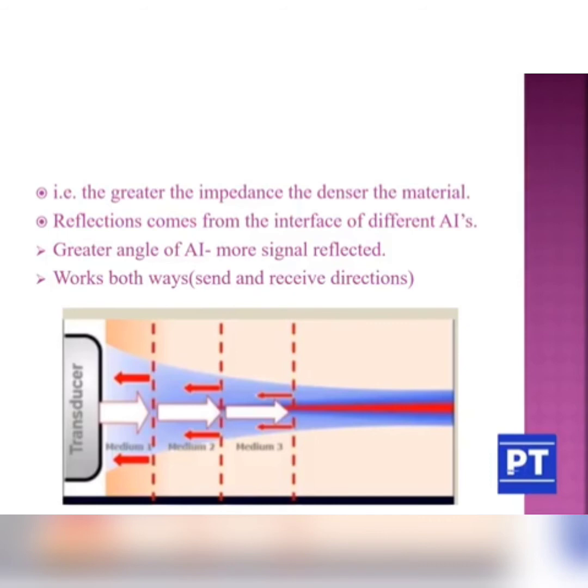The returning echo depends upon the acoustic impedance of a tissue, and the depth from which the echoes return determines the brightness of the image formation in ultrasound.